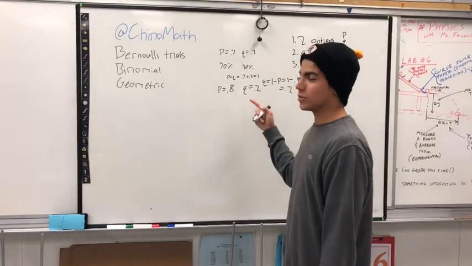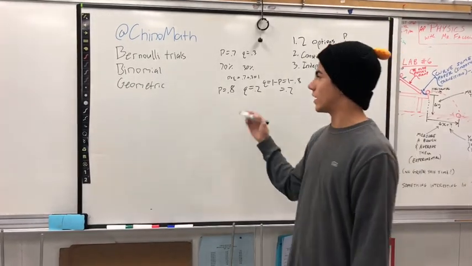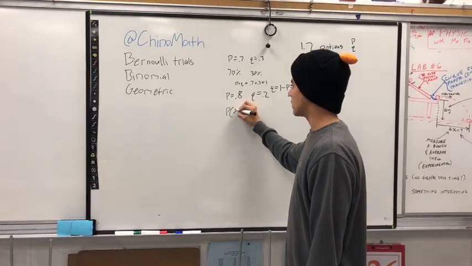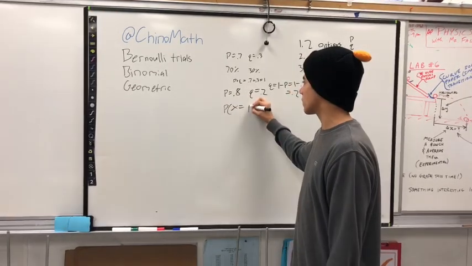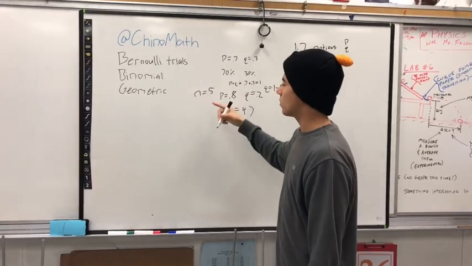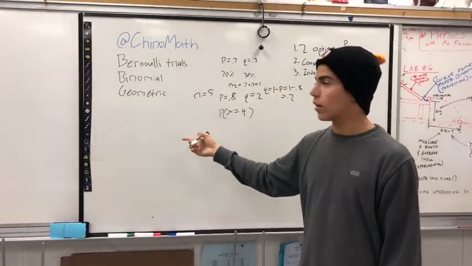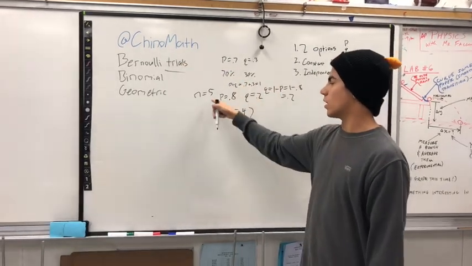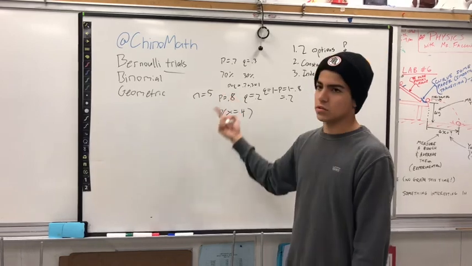Two things you might be able to do with this situation are looking for an exact number of successes. So we might say the probability that X equals, let's say, 4 successes, and I'm going to say that N equals 5 for this. What I mean by that is we have 5 trials. As we call these Bernoulli trials, each trial has 2 options, and each time we run through it, it's just a trial.